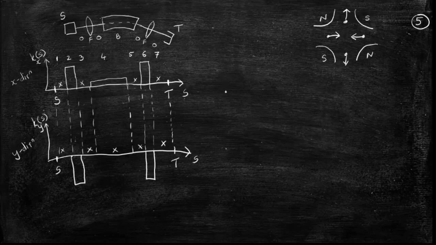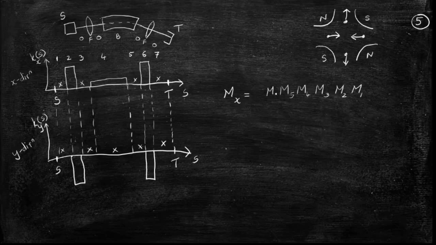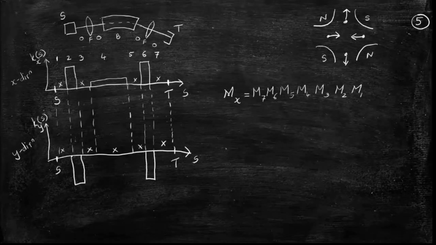So basically, for the full accelerator, the matrix in the x direction will be basically a product of m1 times m2, and so on. Please note the order of writing.